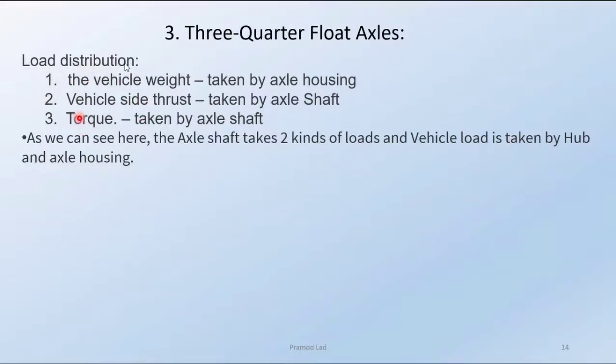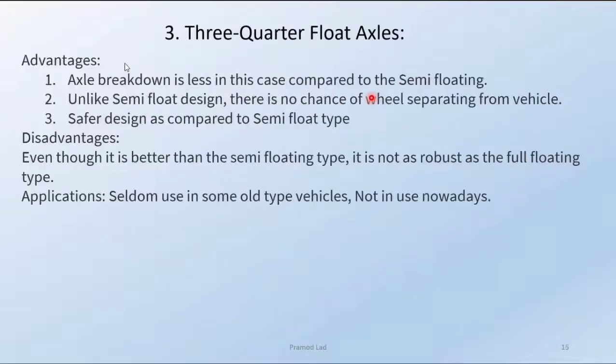In the second case, two types of loads are taken by the hub and only one kind of load is taken by the shaft. And here the shaft takes two kinds of load, that is side thrust and torque, and the vehicle weight is transferred to the housing directly. So this is a hybrid kind of design in between the semi-float and full float.